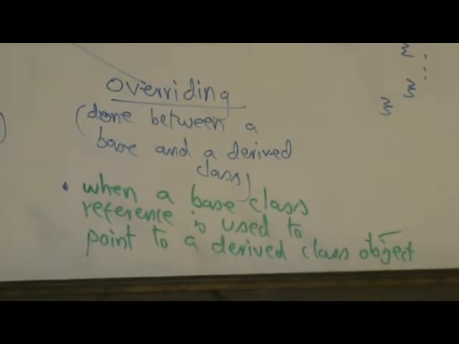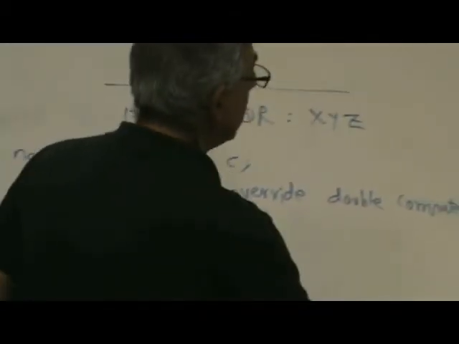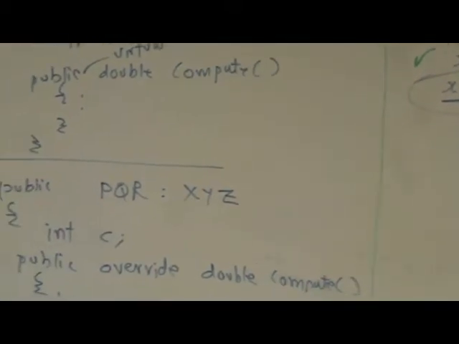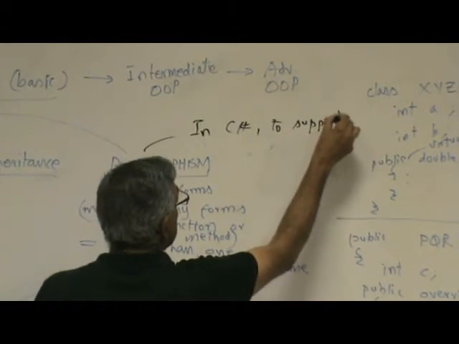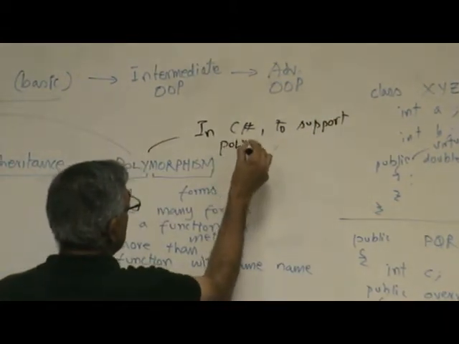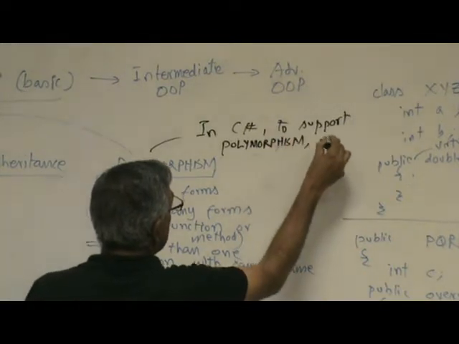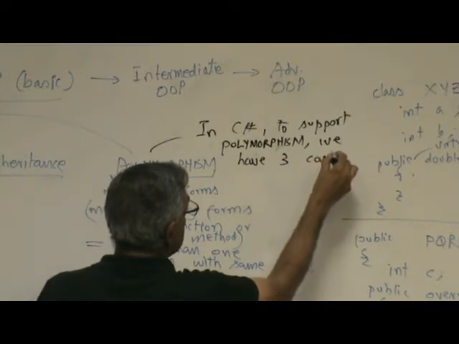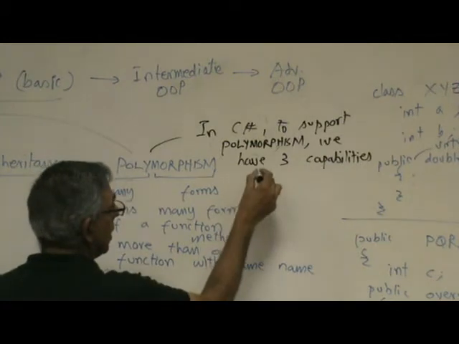So the question is, how do we resolve this? Now let me introduce two new things which are related to polymorphism. In C#, to support polymorphism, we have three capabilities. What are those three capabilities?